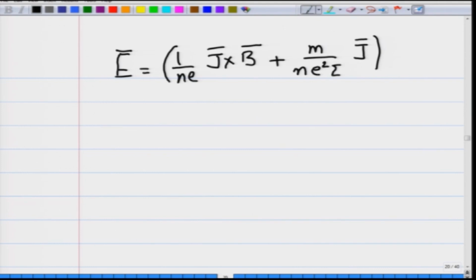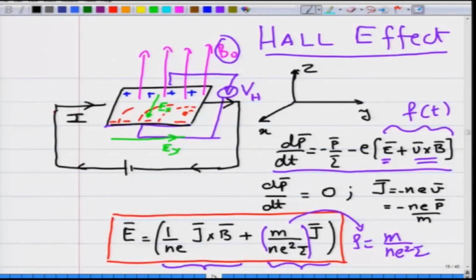Now, if you recall from the previous figure, as per this choice of axes, the magnetic field B is B naught z cap, and the current density J is running along the y cap direction.